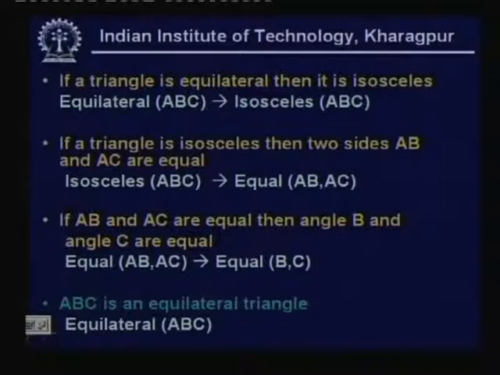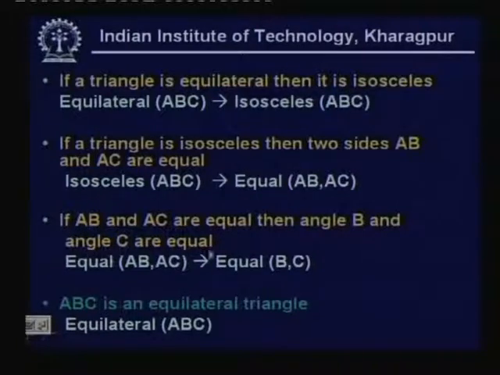If a triangle is equilateral, then it is isosceles. I can write it as equilateral ABC implies isosceles ABC. If a triangle is isosceles, then two sides AB and AC are equal. I can write that isosceles ABC implies equal AB and AC. If AB and AC are equal, then angle B and angle C are equal.